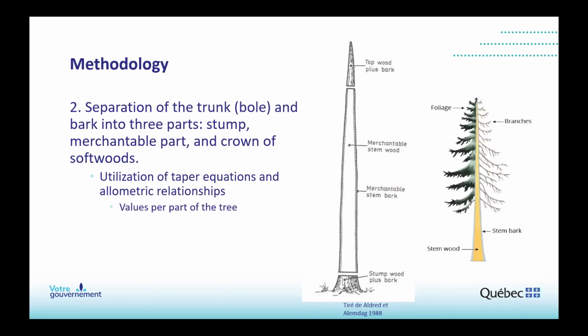Then we separate the trunk and the bark into 3 parts, which are the stump, the merchantable part, and the crown of softwood, by using taper equations and allometric relationships. This gives us values by parts of the tree. The aim of this is to take into account practical considerations of forest operations.